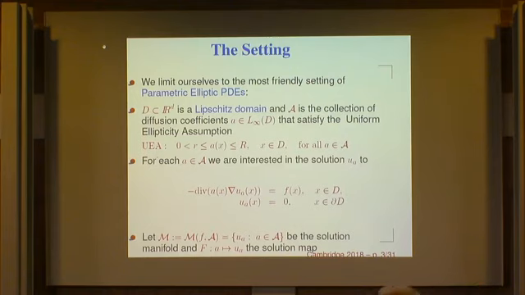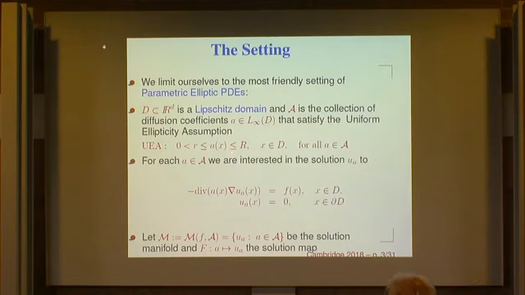Even though I used Y before, think of the diffusion coefficient as the parameter. Now, in order to guarantee existence and uniqueness, I assume this uniform ellipticity property, that there exist a little r and a capital R such that A is always strictly positive.